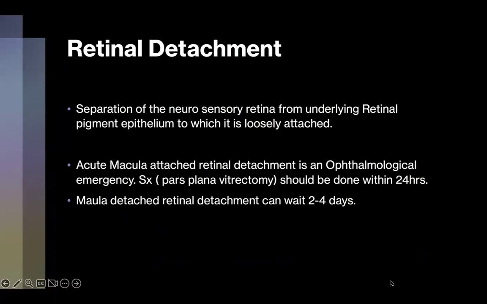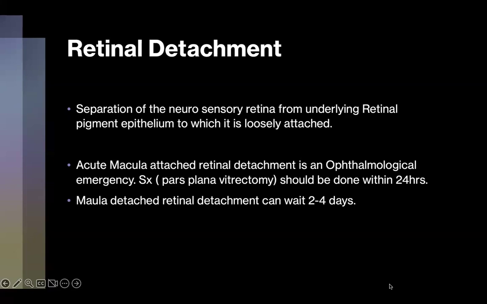So the next condition is retinal detachment. Retinal detachment is the separation of neurosensory retina from the underlying retinal pigment epithelium and choroid. So the retina, neurosensory retina, is loosely attached to the underlying choroid and the sclera.